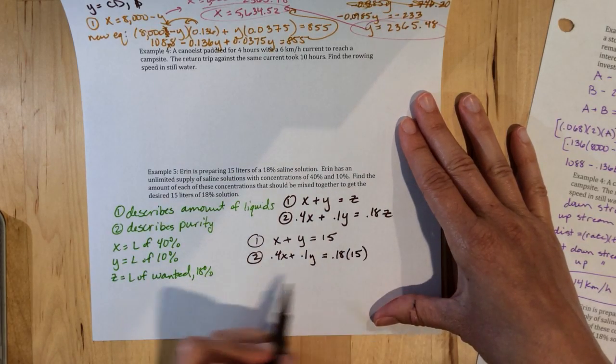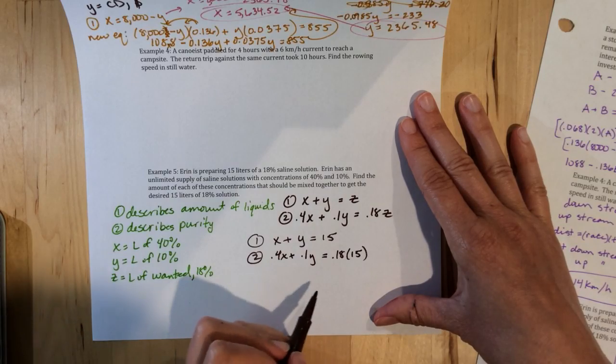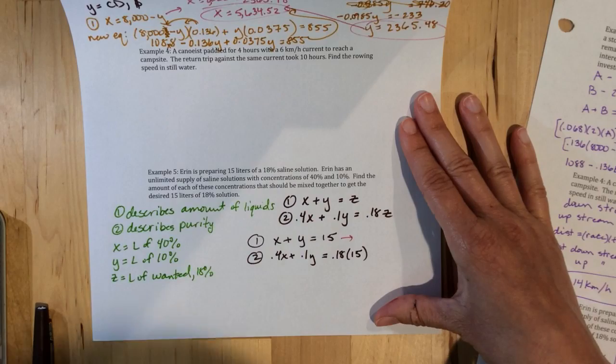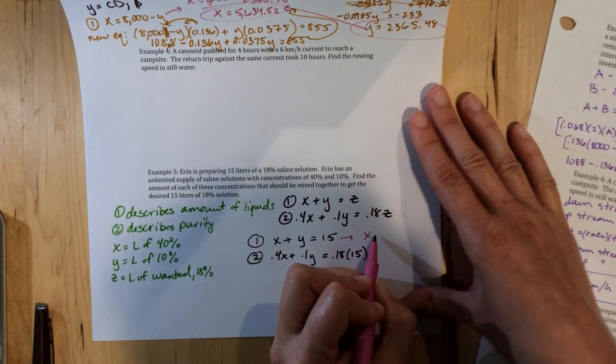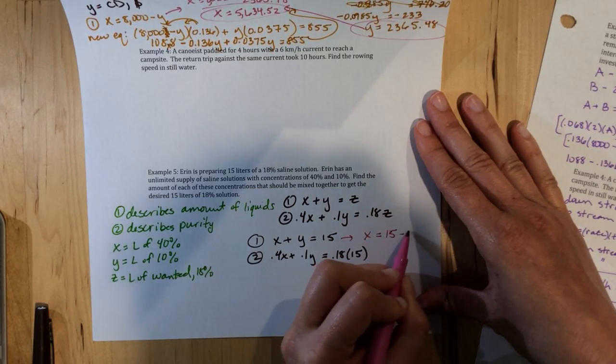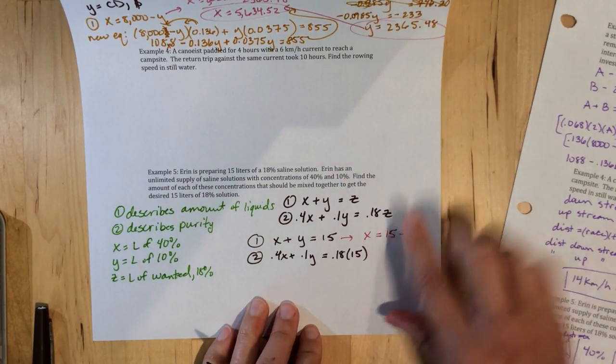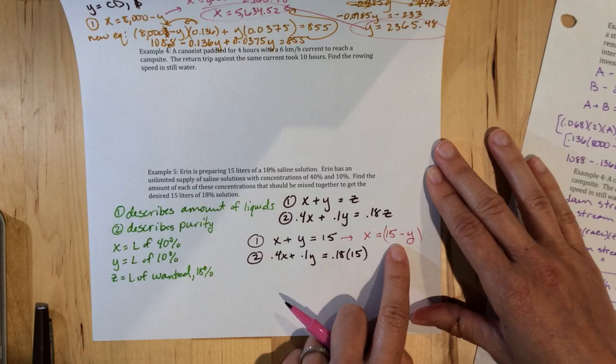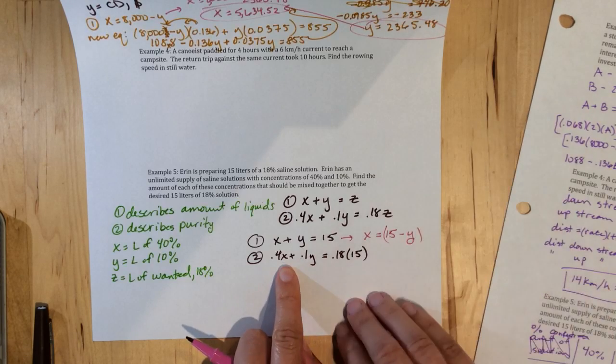But remember now, we haven't worked our way up to 2 variables yet. So what we're going to do is similar to what we did above. I'm going to say, okay, well then x is equal to 15 minus y. So now I'm going to substitute in 15 minus y for x.